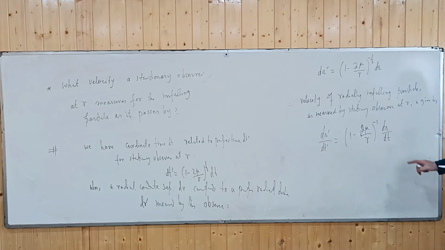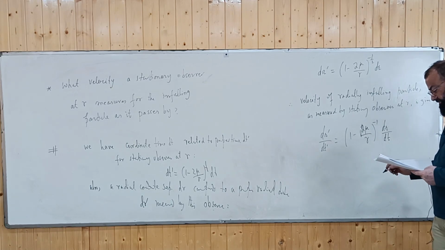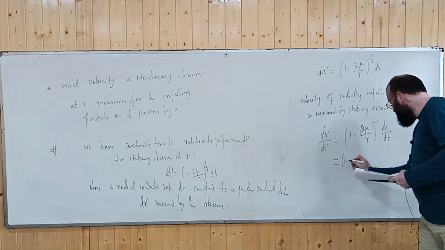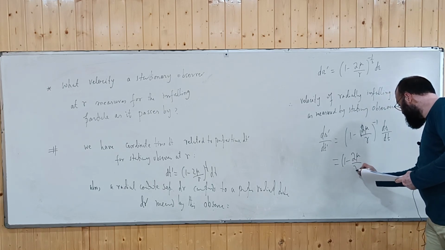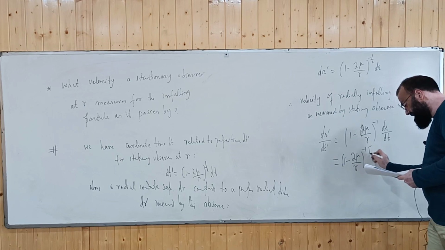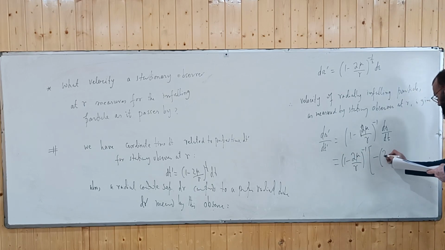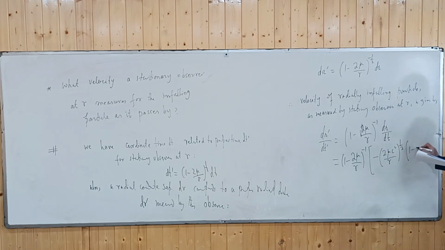Clear? So what is this dr by dt? We have just calculated it. dr by dt is equal to dr by d tau times d tau by dt. How much is that? It is (1 minus 2 mu by r) raised to the power minus 1, and it is actually equal to minus (2 mu c squared by r) raised to the power half, times (1 minus 2 mu by r).